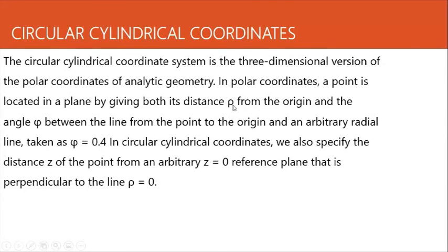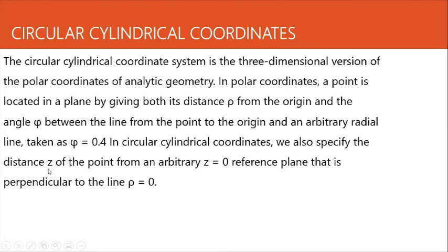Okay, yun nga, as I said before, in polar coordinates, a point is located in a plane by giving both its distance rho from the origin and the angle between the line from the point to the origin and an arbitrary radial line taken as phi equivalent to 0. In circular cylindrical coordinates, we also specify the distance z.